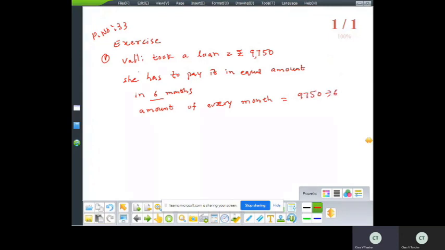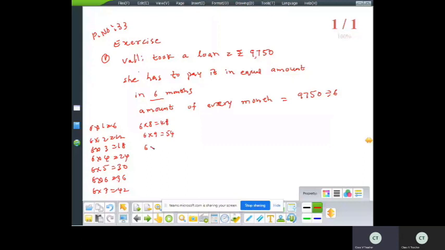First of all, write the 6 table. 6 ones are 6. 6 twos are 12. 6 threes are 18. 6 fours are 24. 6 fives are 30. 6 sixes are 36. 6 sevens are 42. 6 eights are 48. 6 nines are 54.